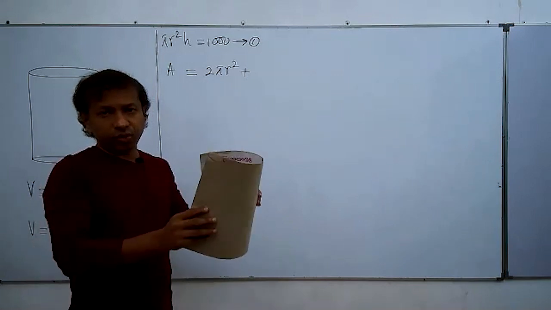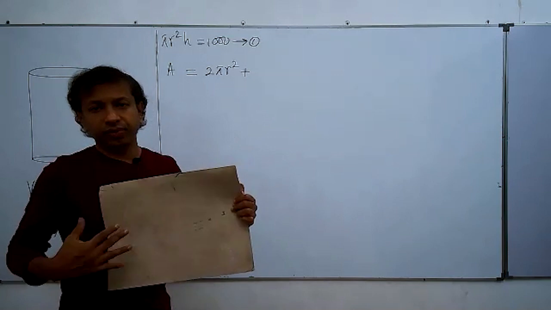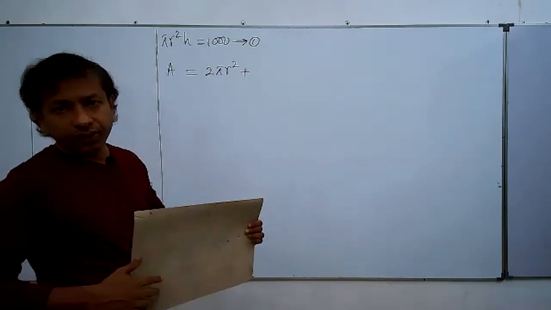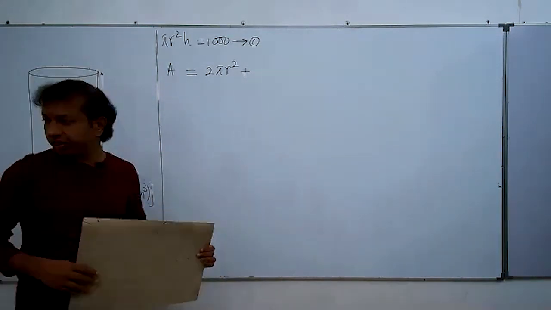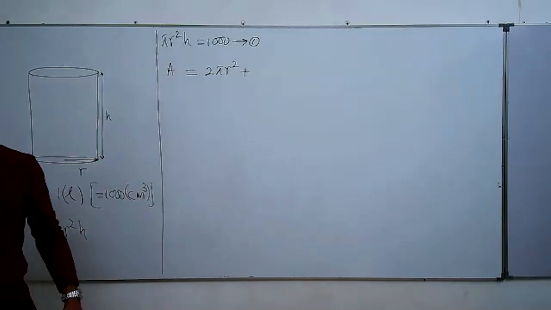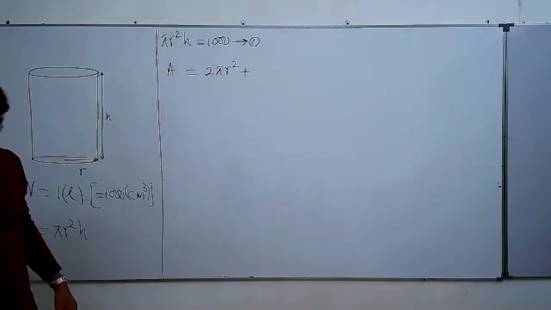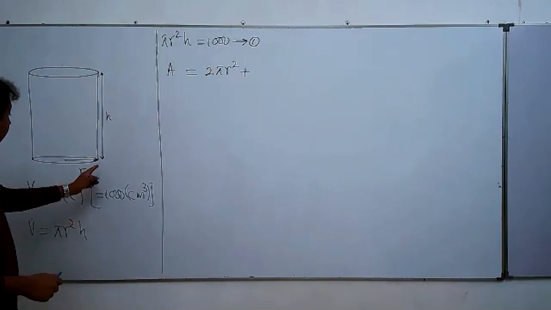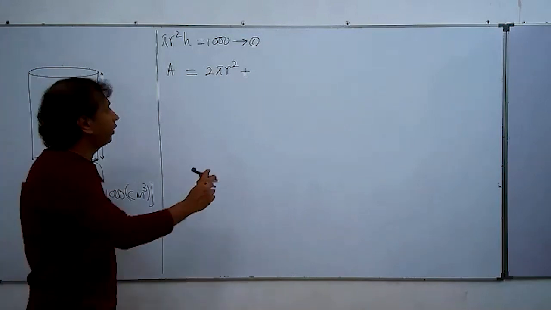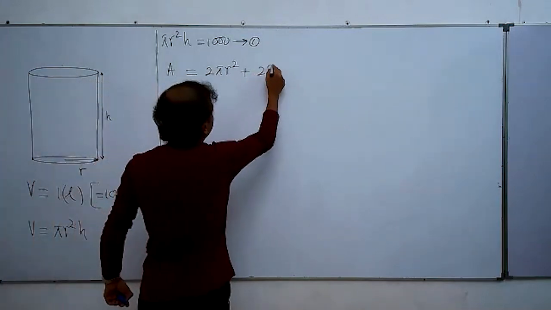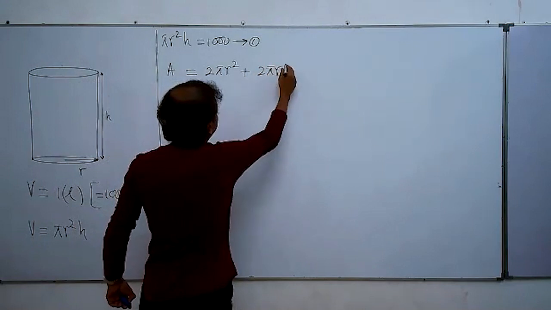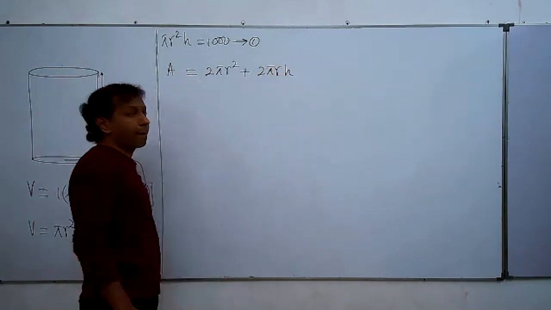The circumference is going to be the length, then 2 pi r is the circumference, into H is the area of the curved part: 2 pi r H.